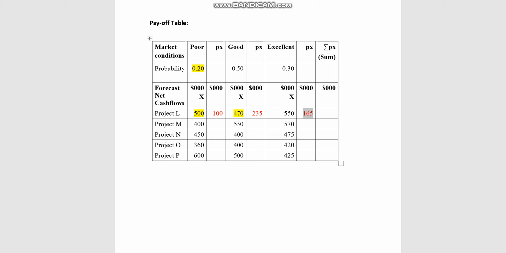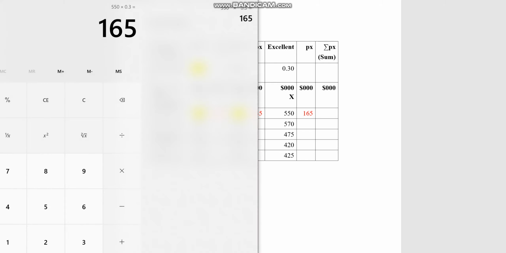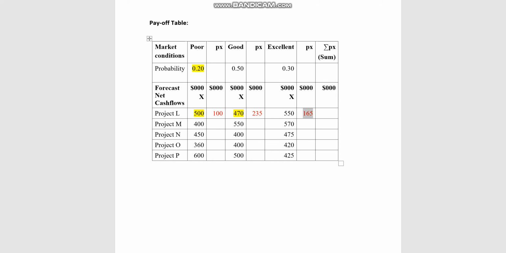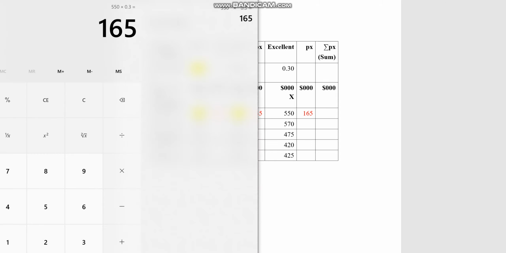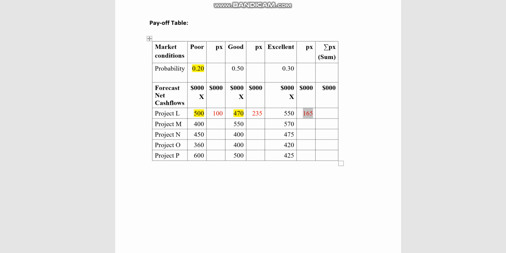So again, as my calculator is here, 165 plus 235 plus 100, and that comes to 500 in total. So 500 is the total figure, sum of Px.